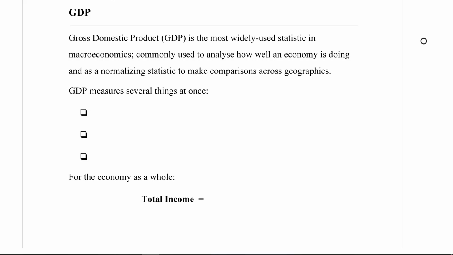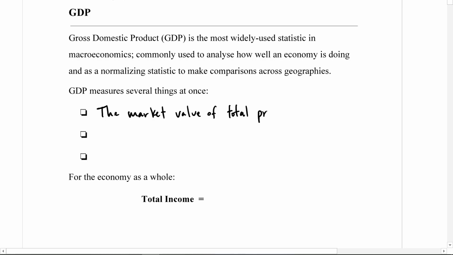So this is measuring several things at one time. First, it's the total market value, the market value of total production. Okay, and because it is a value, that's going to be denominated in dollars. So the market value of total production within an economy.